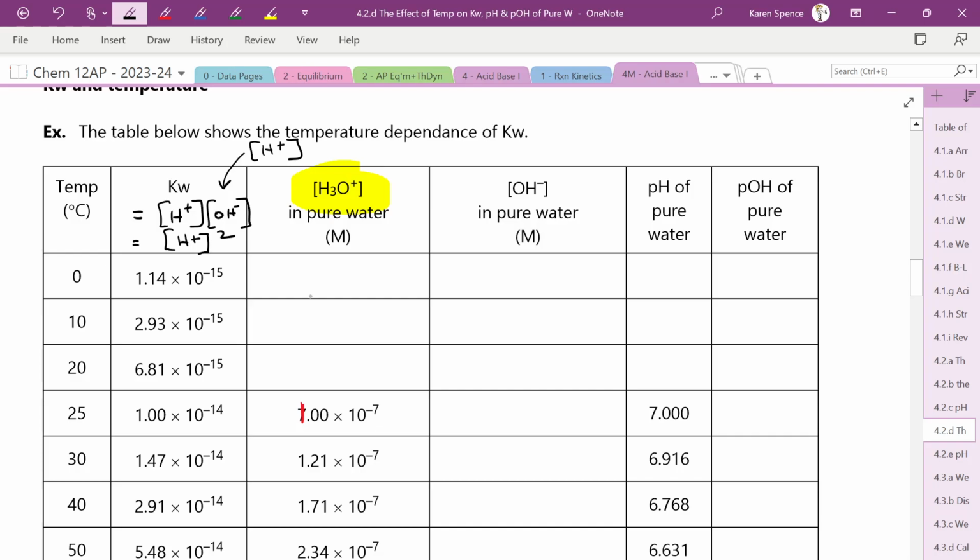So if you want to calculate hydrogen, what will you do to Kw? Take the square root of Kw. That only works if you're working with water. Yes, if you've got any sort of other solution, acidic or basic, that won't work. But this is pure water. So go ahead, do those calculations.